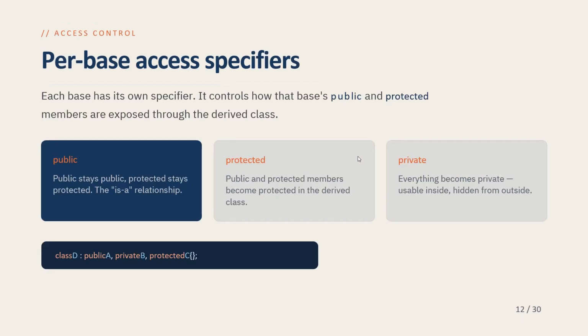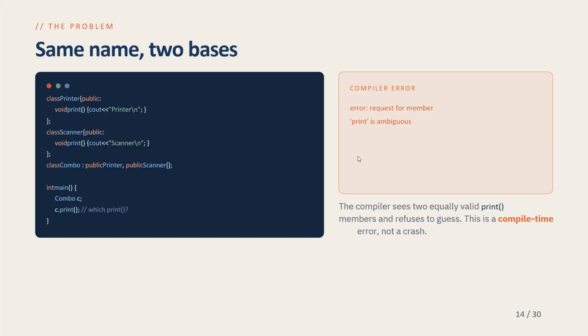Ambiguity is an important problem in multiple inheritance. Suppose we have two classes, one is printer and the other one is scanner. Both classes contain a function called print.